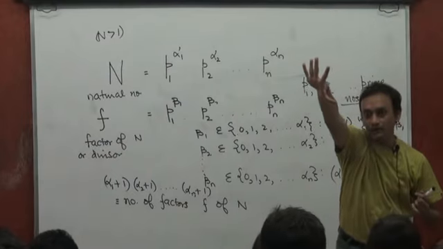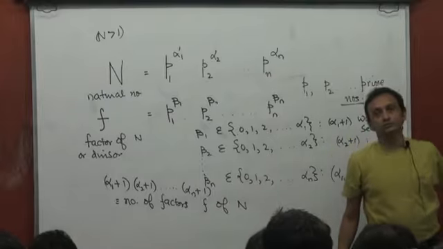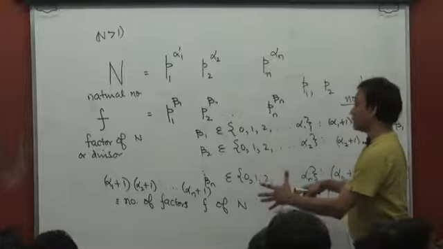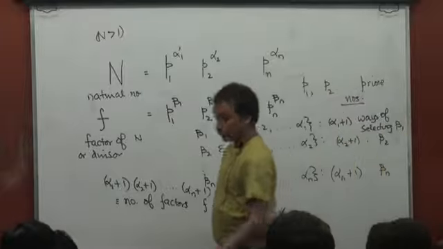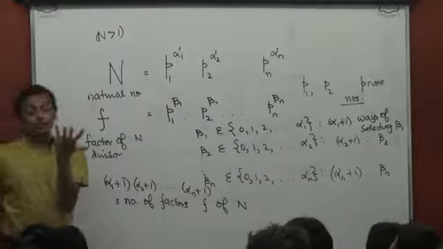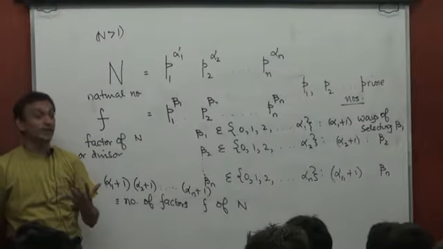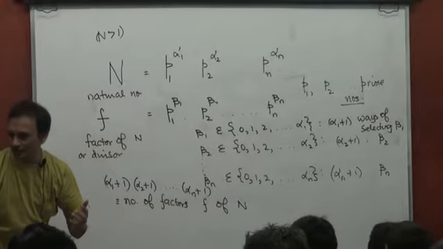Yes or no? Right? Got me? Now, once we have the total number of factors f of n, I want to be able to find the sum of all the factors of n, right?